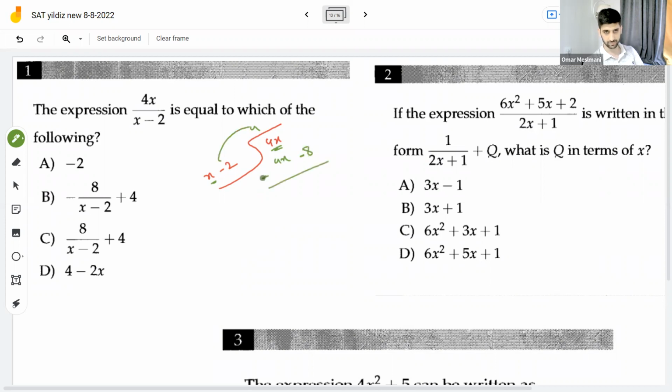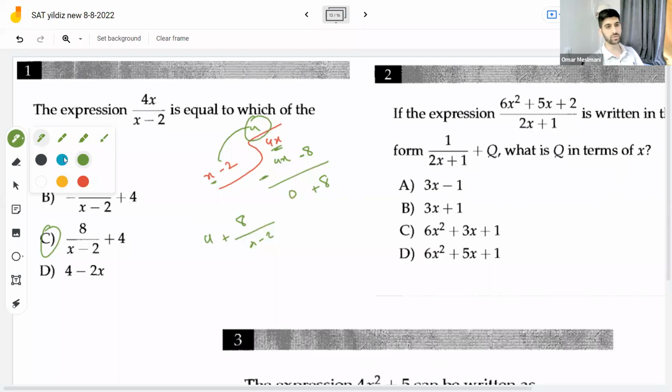Then I subtract: 4x minus 4x is 0, and negative 8 becomes plus 8. So the answer at the end is 4 plus 8 over x minus 2. Where is it? I guess it's C. You understand? That's one way.